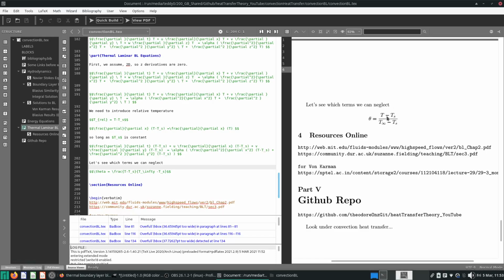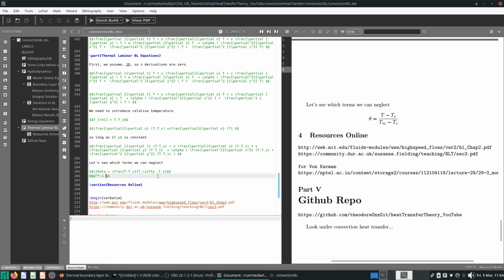Okay, so let theta be the relative temperature at wherever you are in the boundary layer, or even outside, versus the relative temperature at the free stream. It is very similar to u star equals u divided by u infinity.